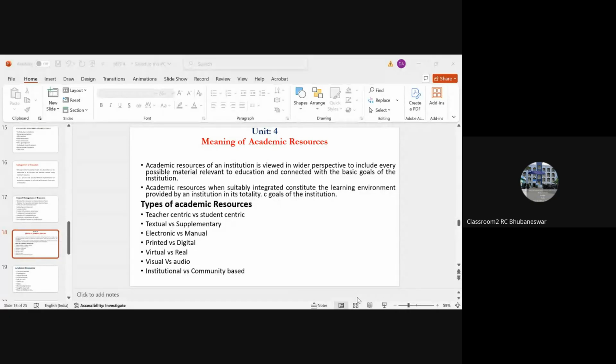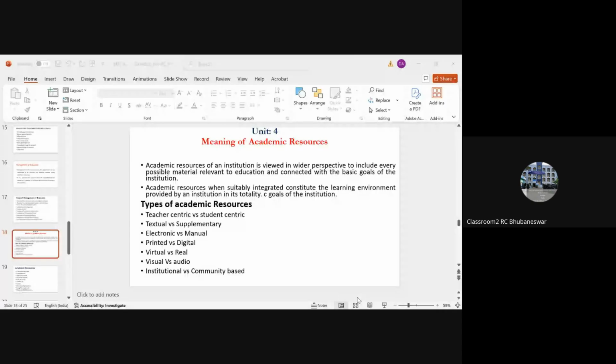Welcome to all to the second class of MES-44. In the first class, we have already discussed Unit 1, 2, 3 of Block 1. Block 1 has how many units? Five units.